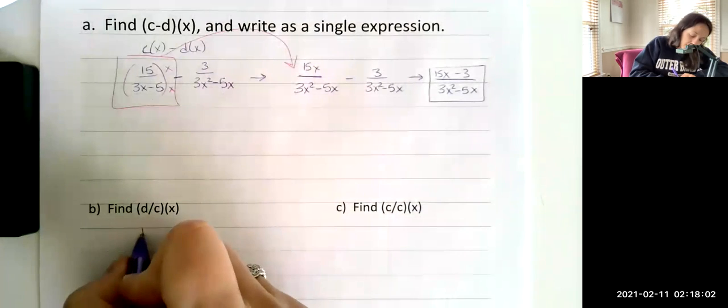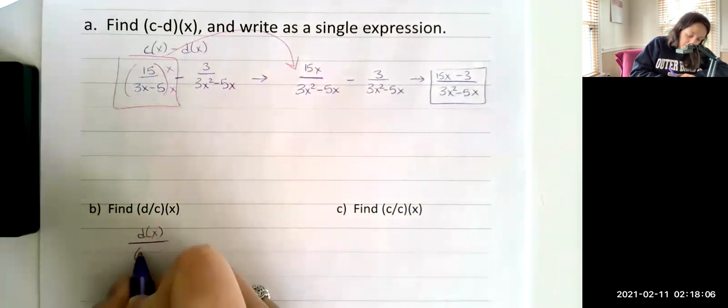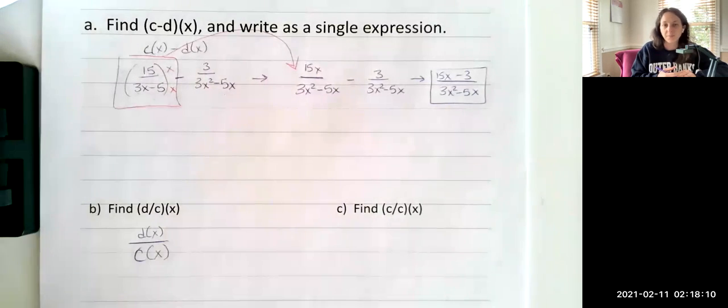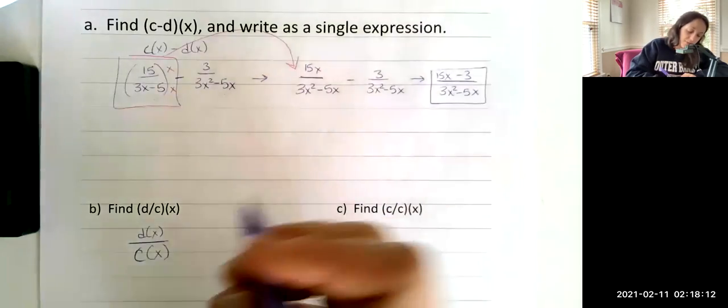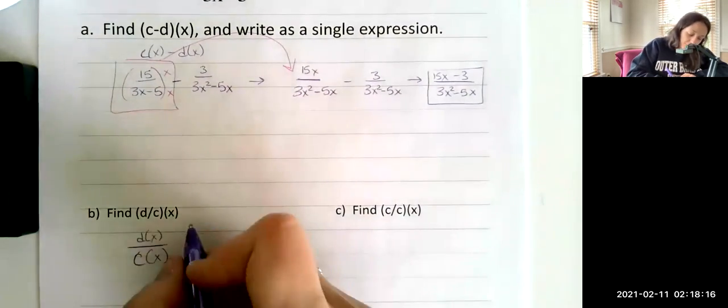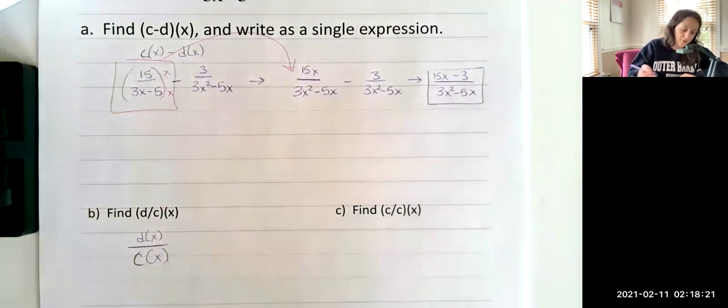So we're going to find D, and we're going to divide it by C. Now, this is something that I want to review very carefully here. If you've never seen this before, when it comes to fractions, you might have heard of multiplying by the reciprocal.